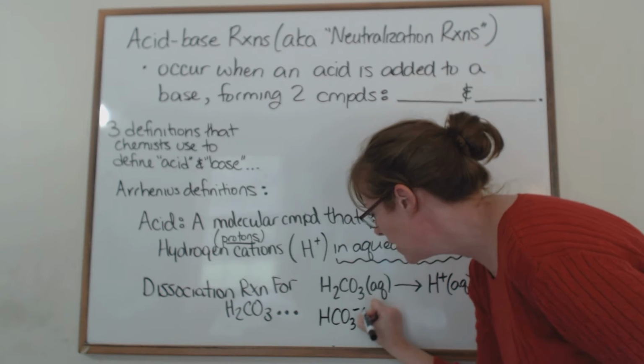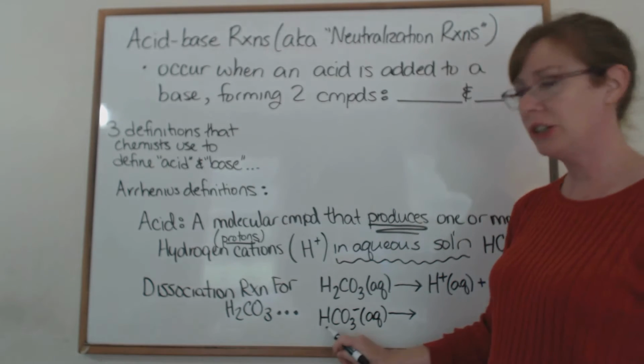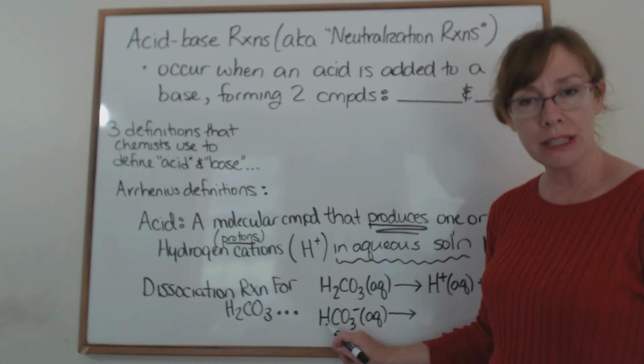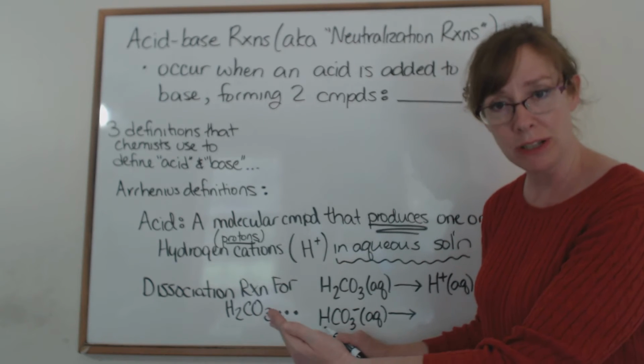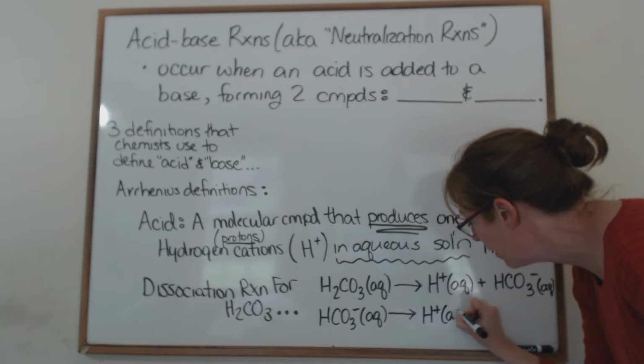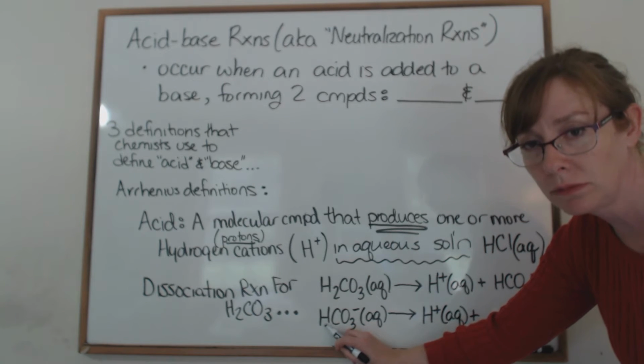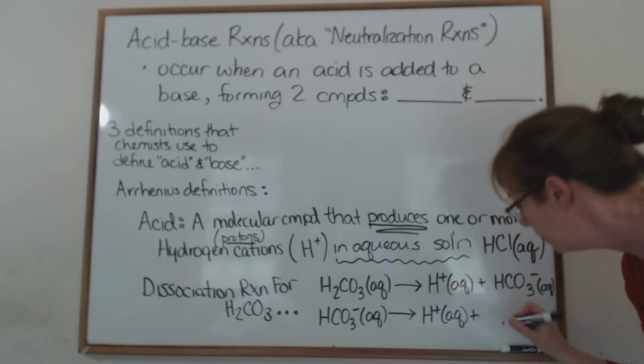The hows and whys and all of that are not necessary right now. Let's just see the reaction. Now this molecule can release the second proton. So let's have the second proton fall off. So that H falls off, leaving the rest of the molecule.